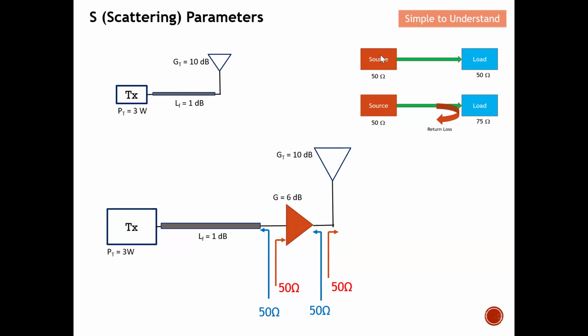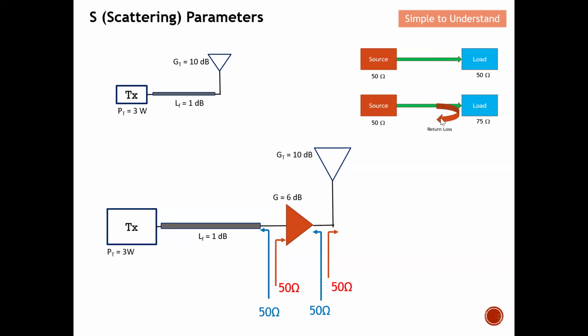If you still remember, when the impedances are matched, maximum power transfer occurs, which means that all the power from the source will be passed on to the load. However, if there is some form of mismatch, as you can see from here, some will have return loss, which means reflected wave. Not all the signal will be transmitted from the source to the load. Some will be lost.